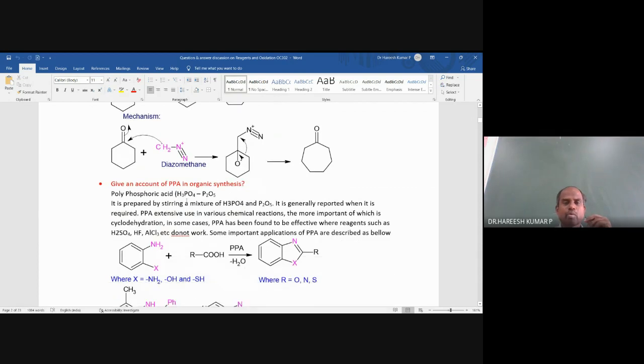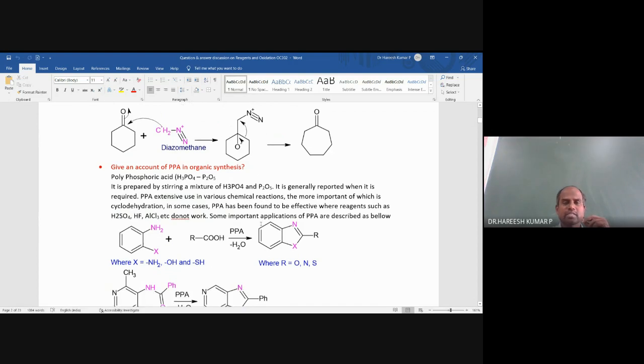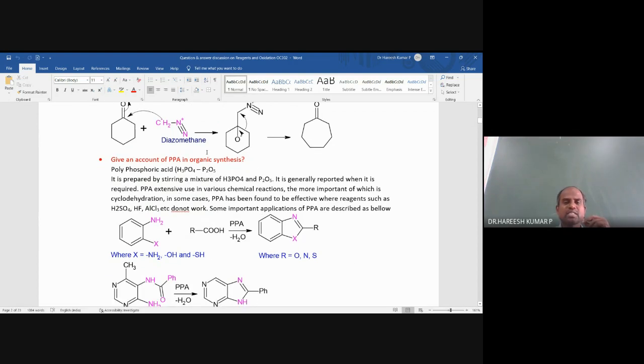Now I will take up one more reaction. So give an account of PPA in organic synthesis. PPA means nothing but polyphosphoric acid. Polyphosphoric acid is nothing but a combination of phosphoric acid and phosphorus pentoxide.